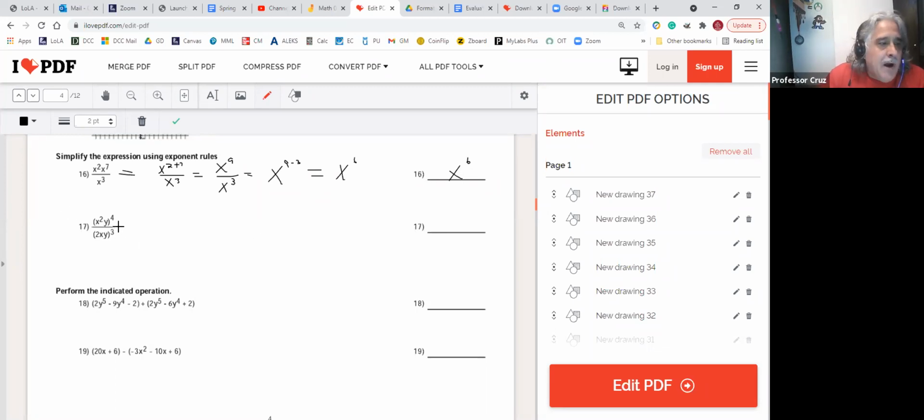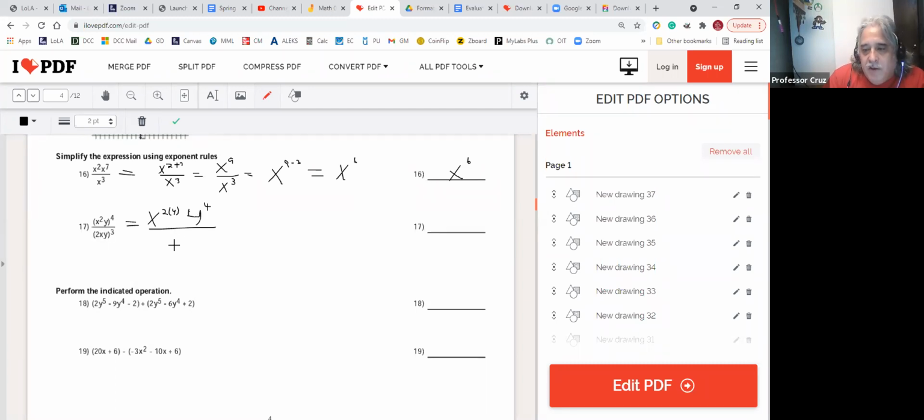All right. Now this one uses the power rule. It's multiplying inside of parentheses by another power. So we got to raise everything in there to that power. If it's already got a power, we multiply it. So this is 2 times 4. The next one, the y, it has a power of 1, so it's just going to be down here.